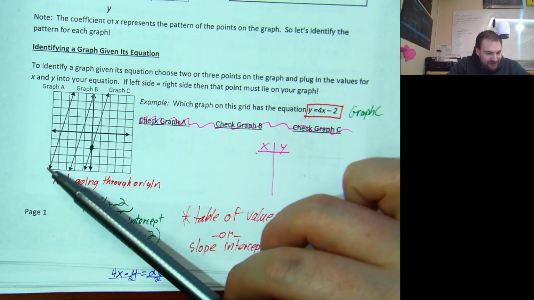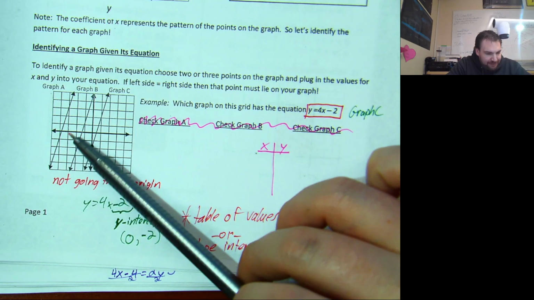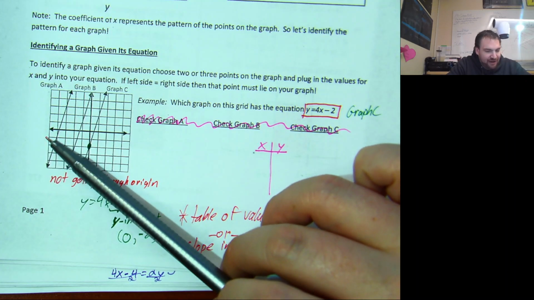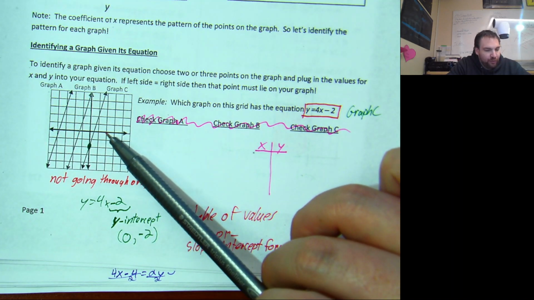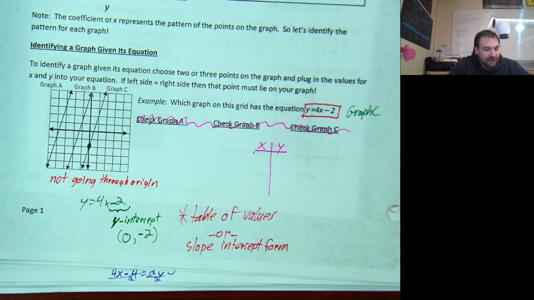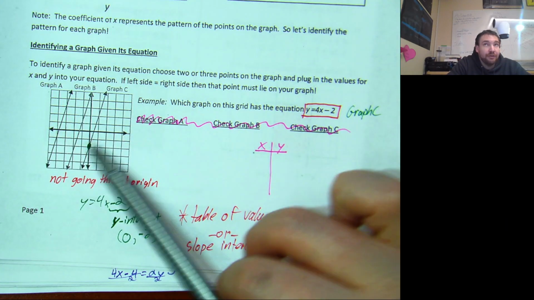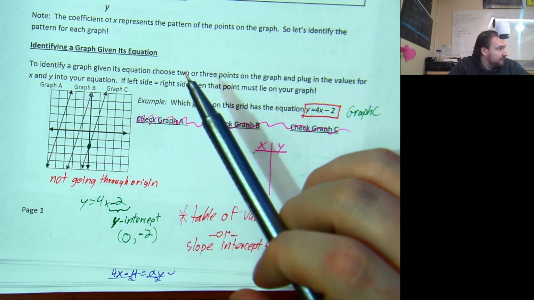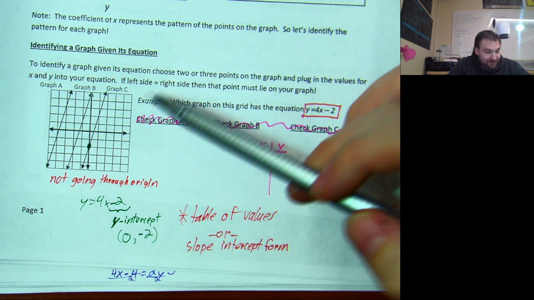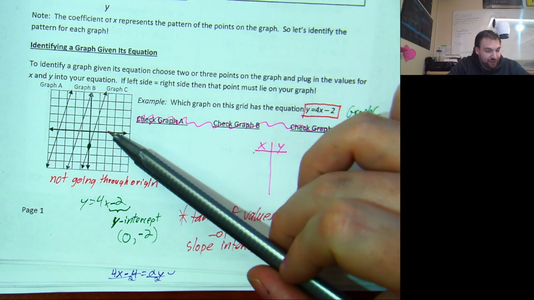My smallest x value that gives me something on the graph is negative 5, and my largest x value that gives me something to work with here is 2. Everything else is not on the page. So give me 3 x values that actually fit with the graphs that we're analyzing. It's just anything between negative 5 and 2.